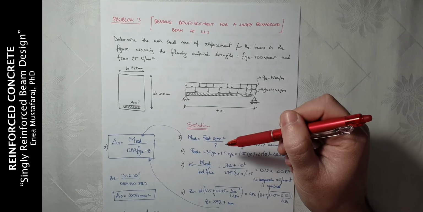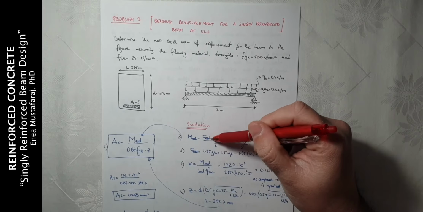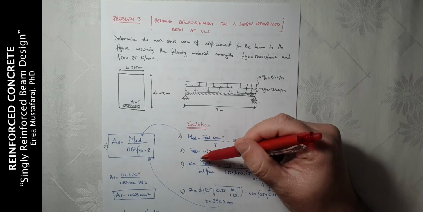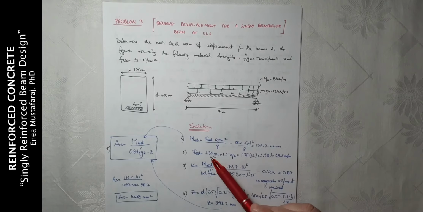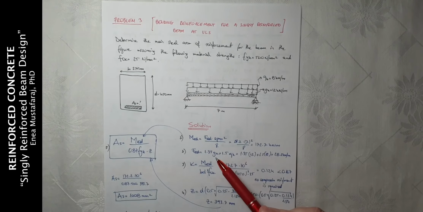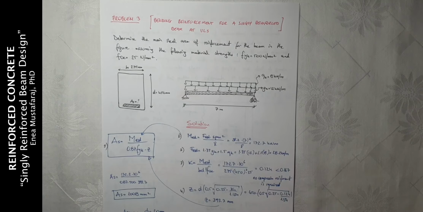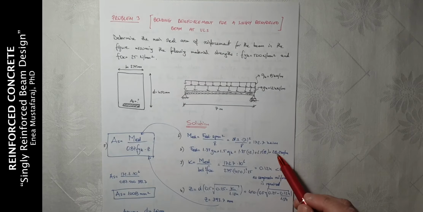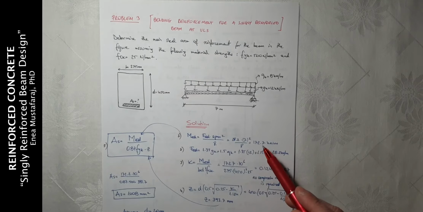In this case, we do not know the design load. For this reason, we calculate design load first, which is 1.35 times permanent action plus 1.5 times variable action, and we calculated it as 28.2 kilonewton per meter. We apply this in the formula above, and we calculate design moment as 172.7 kilonewton meter.